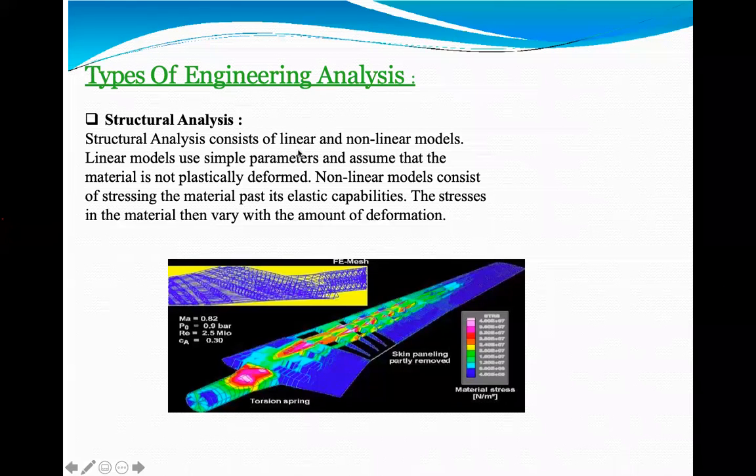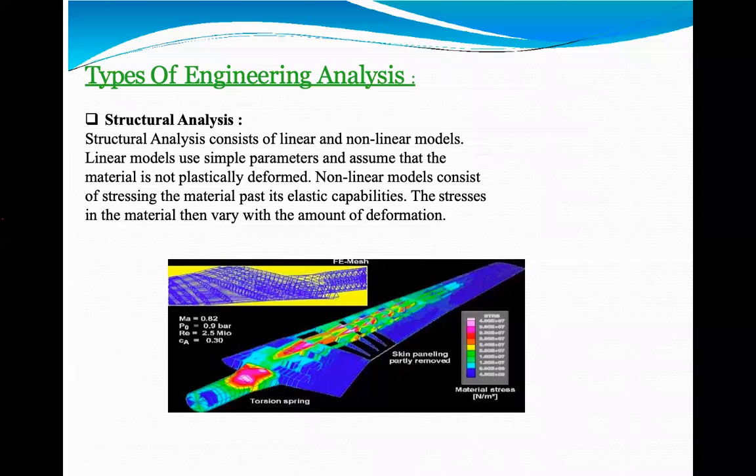So what kind of analysis can we do with finite element methods? The first thing is structural analysis. Structural analysis consists of linear and non-linear models, and in it we try to find the stresses in the given geometry or structure, and we compare them to see whether the stresses are below the allowable limits.